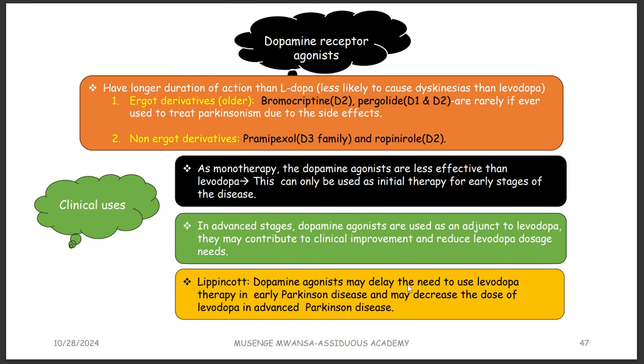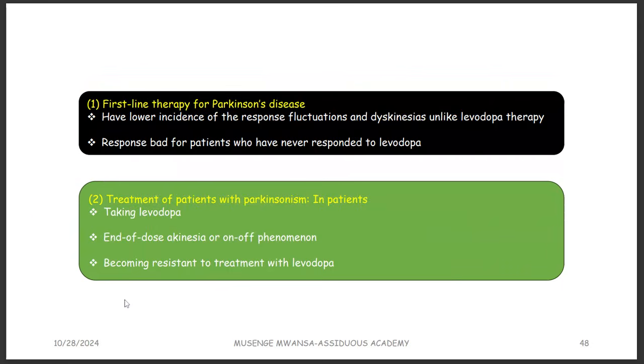These guys may delay the need to use levodopa, just like selegiline and rasagiline do, specifically selegiline, which delays the use of levodopa. They have got a lower incidence of the response fluctuation and dyskinesia, unlike levodopa therapy.